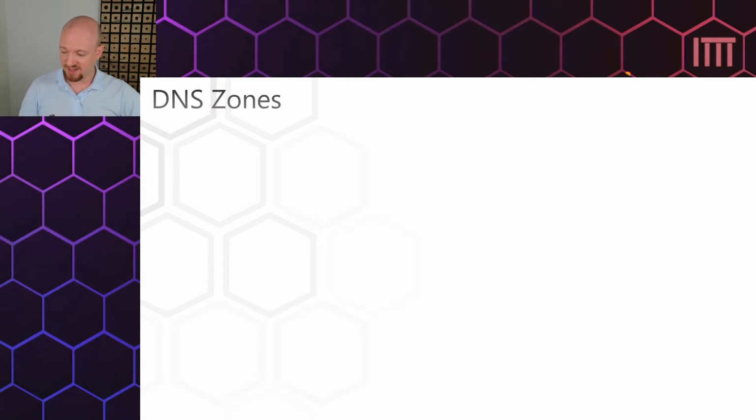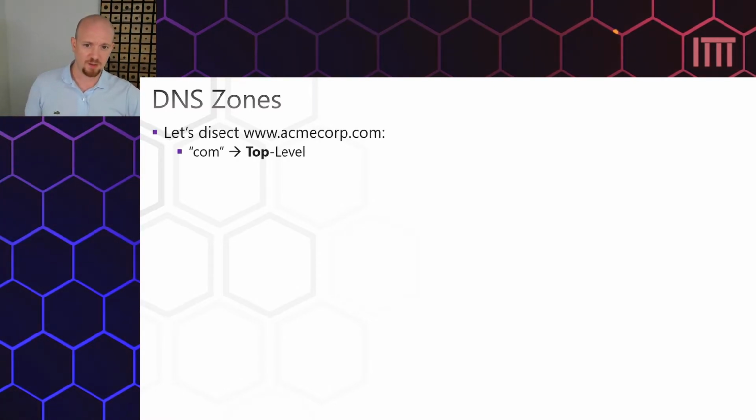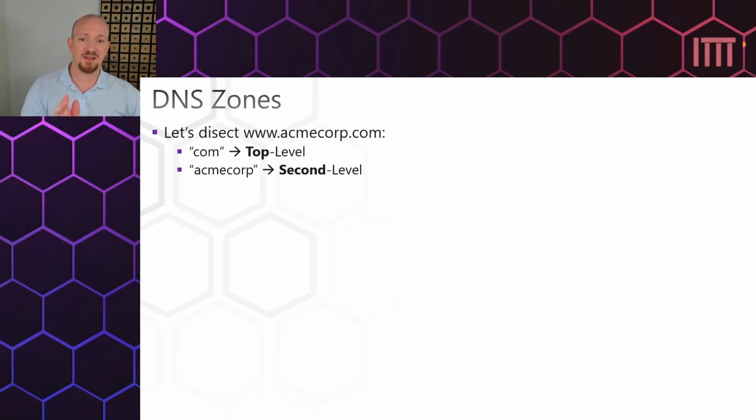Now let's dissect acmecorp.com. Com is the top level, as we've learned on the last slide. Then the second level is Acme Corp. And each of these parts, com and Acme Corp, are called a zone.